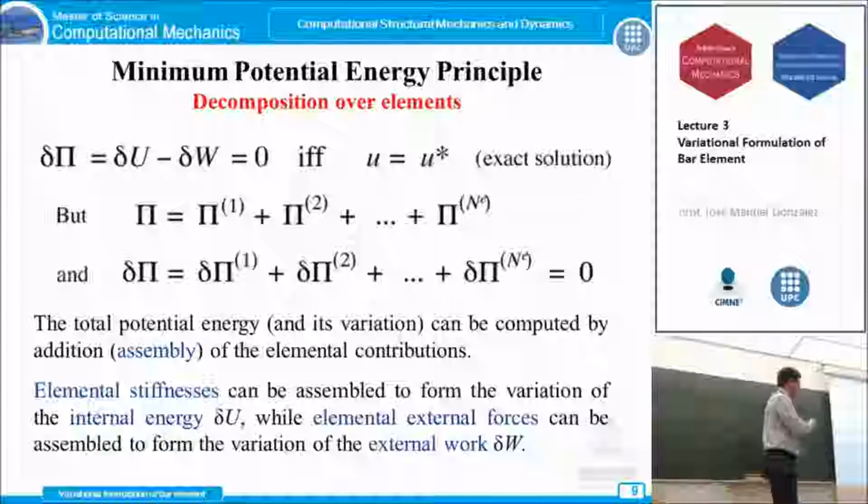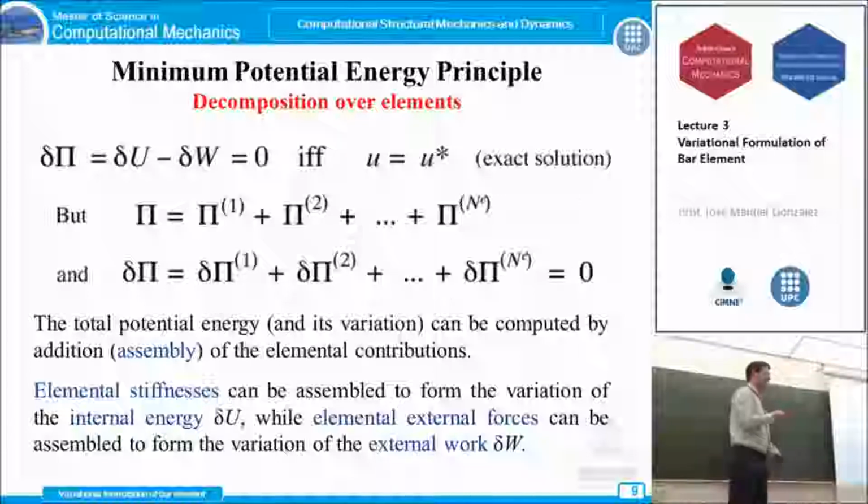So the total variation of the total potential energy will be the addition of these contributions from any of these elements, which means any of these contributions should be 0 to ensure this total potential is stationary.